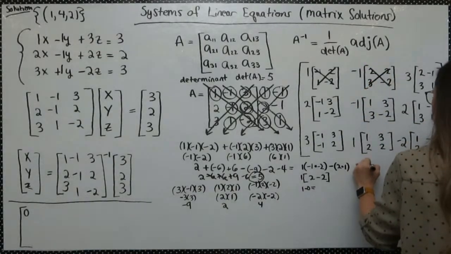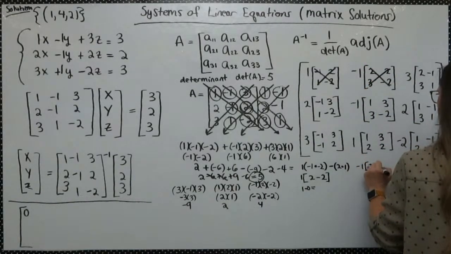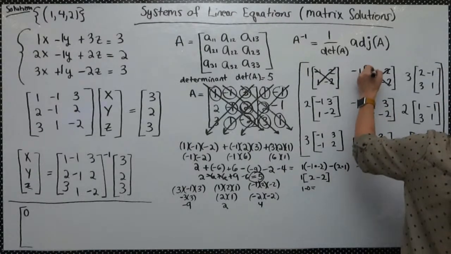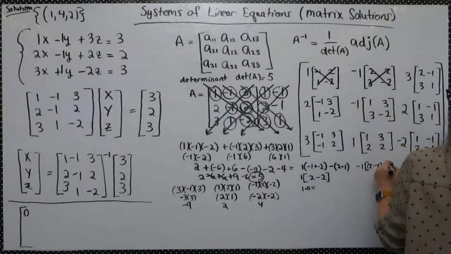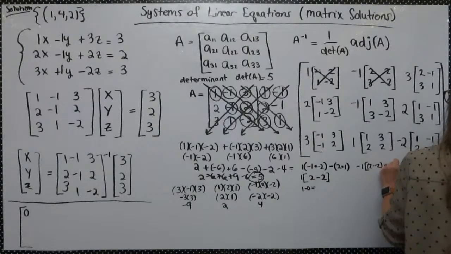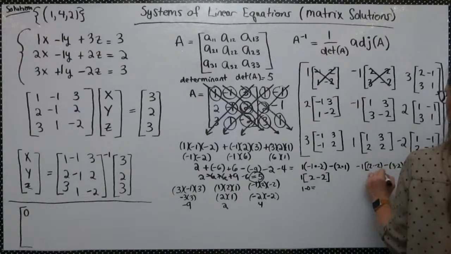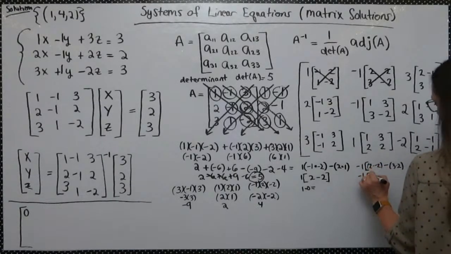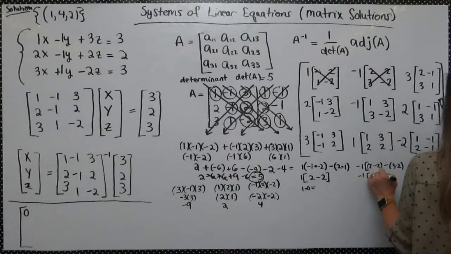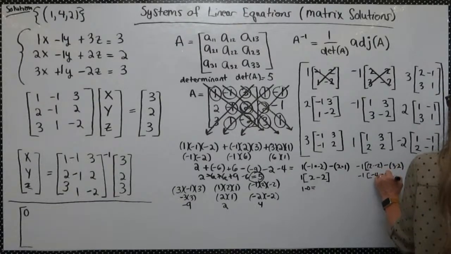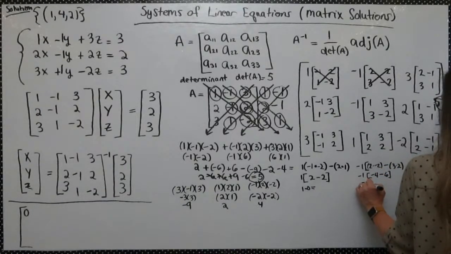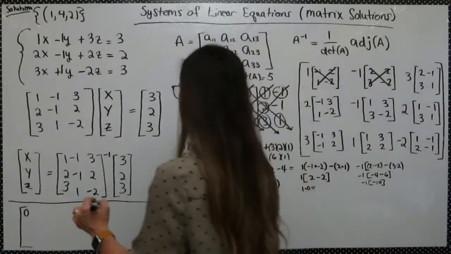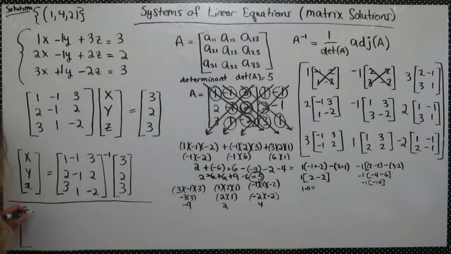So it's 2 times -2 minus 3 times 2. And it's -1 times, 2 times -2 is -4 minus 6. So that one's giving me -1 times -10. That's going to give me a +10. So that was this next one, 10.